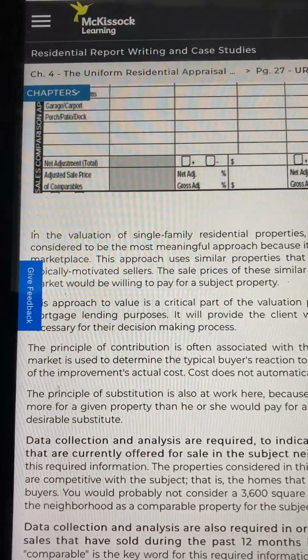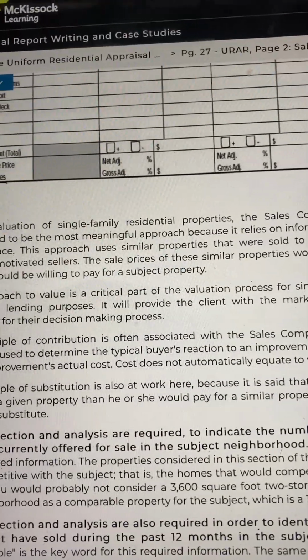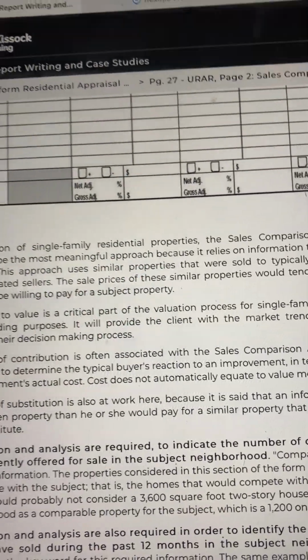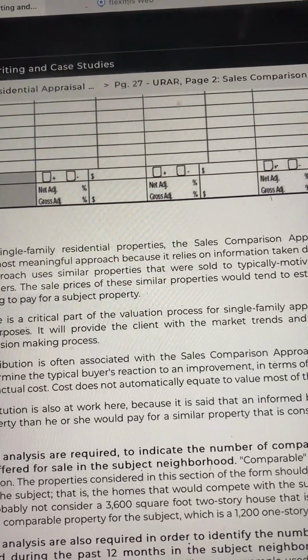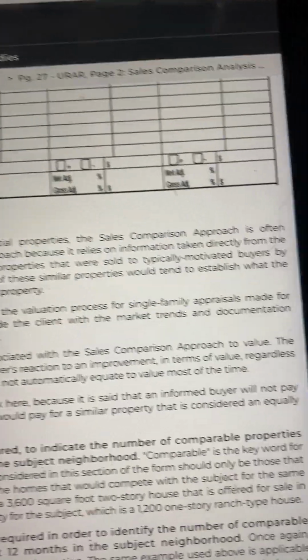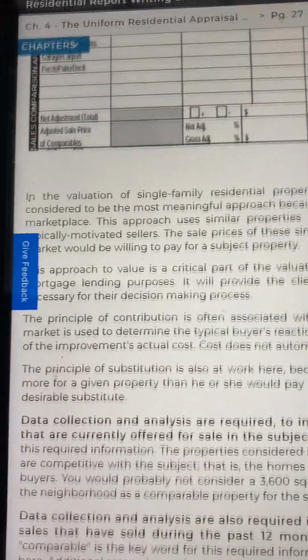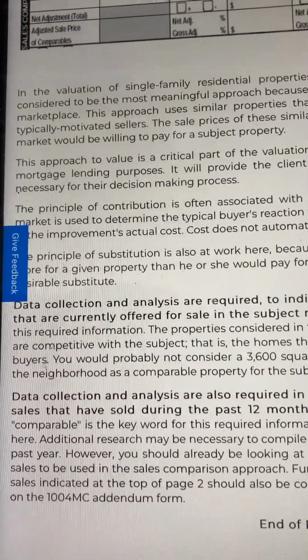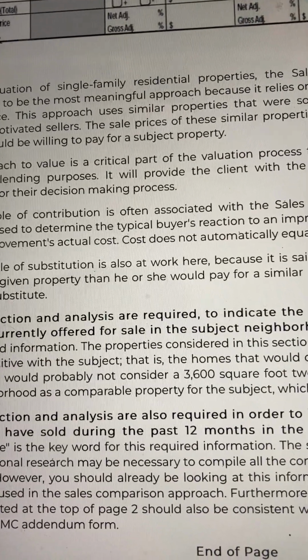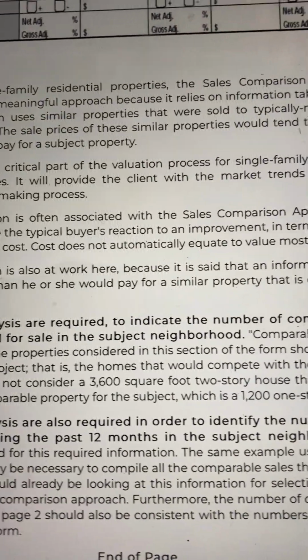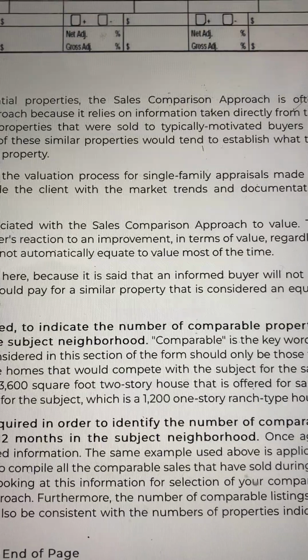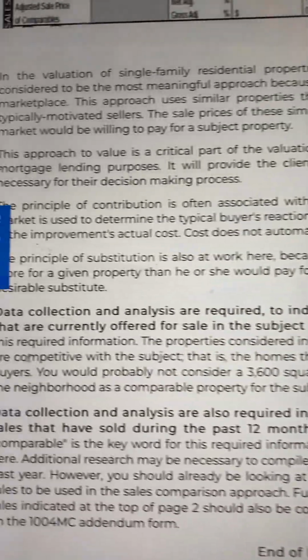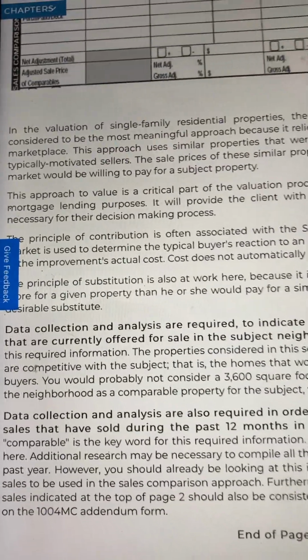Comparable is the key word for this required information. The properties considered in this section of the form should only be those that are competitive with the subject. That is, the homes that would compete with the subject for the same buyers.